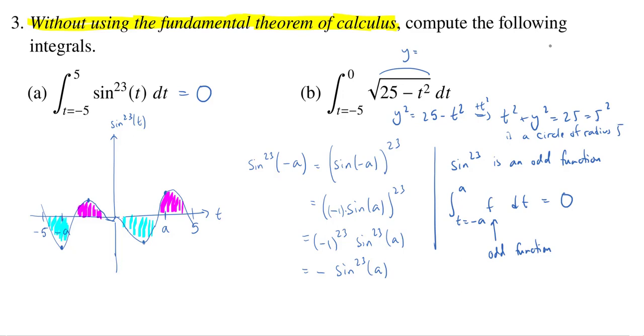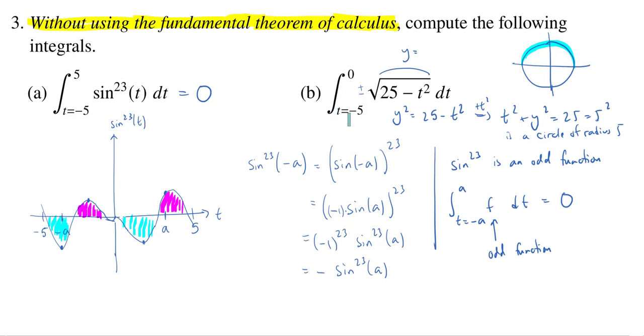So I could actually draw a picture. And I just have to draw a circle of radius 5. Except, note, if I go backward, at some point I'm going to have to take a square root. And when I take the square root, I should get plus or minus. But we don't have a plus or minus here. We just have the plus, which means I'm only looking at the top side of this circle, not the bottom side.